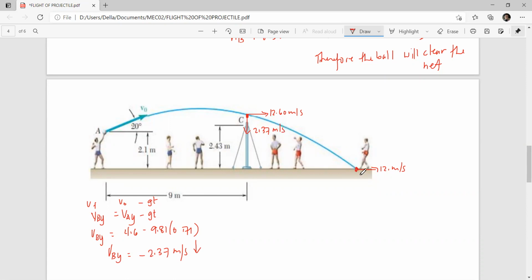So let us determine the velocity at D, VDY. So again, the final. We cannot use this formula, but instead the other one: Vf squared is equal to V0 squared minus 2gh, and that representing final, VDY squared is equal to.